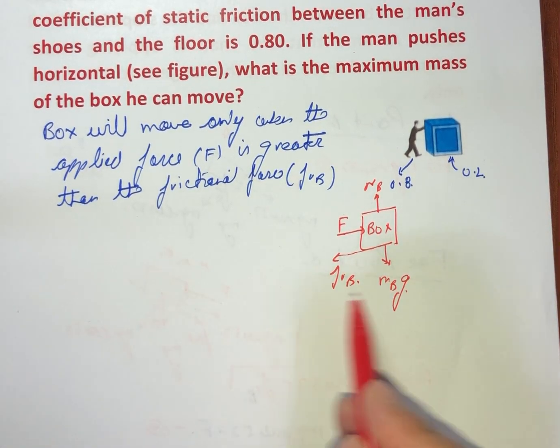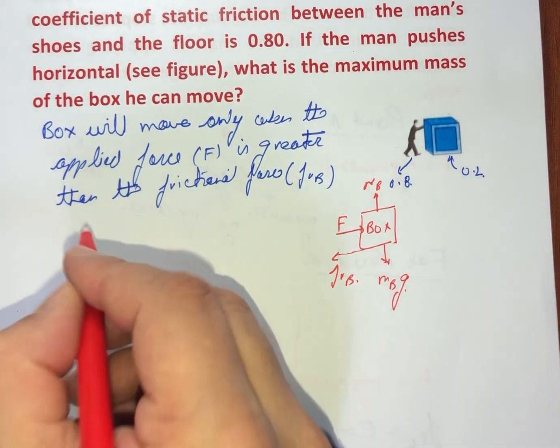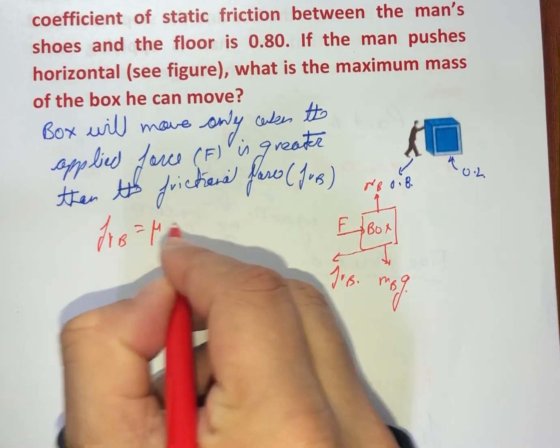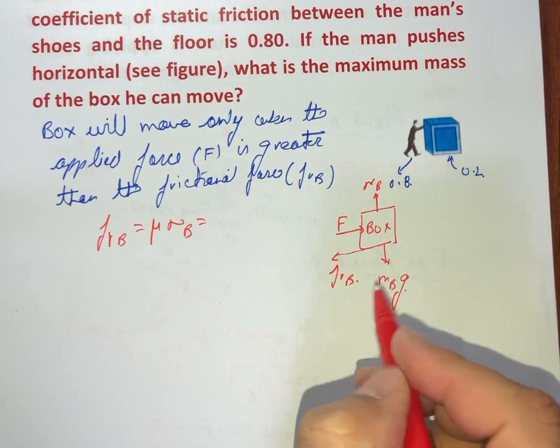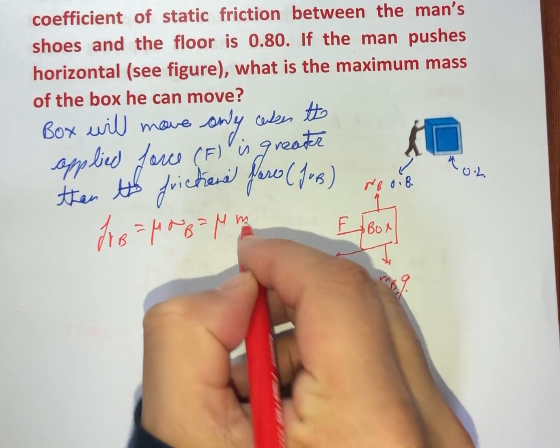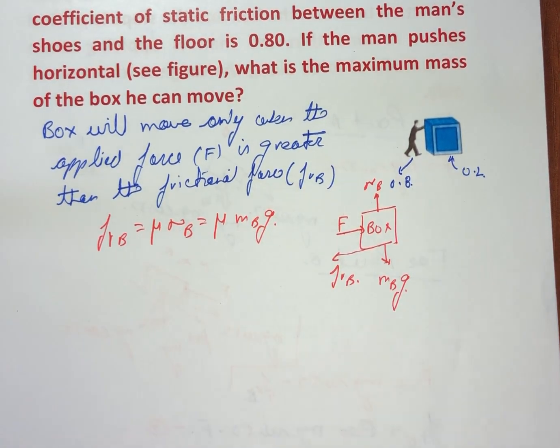So we can find out what will be our FRB. You can say FRB will be equal to mu NB, and NB is MBG. So we can say mu into MB multiplied by G.